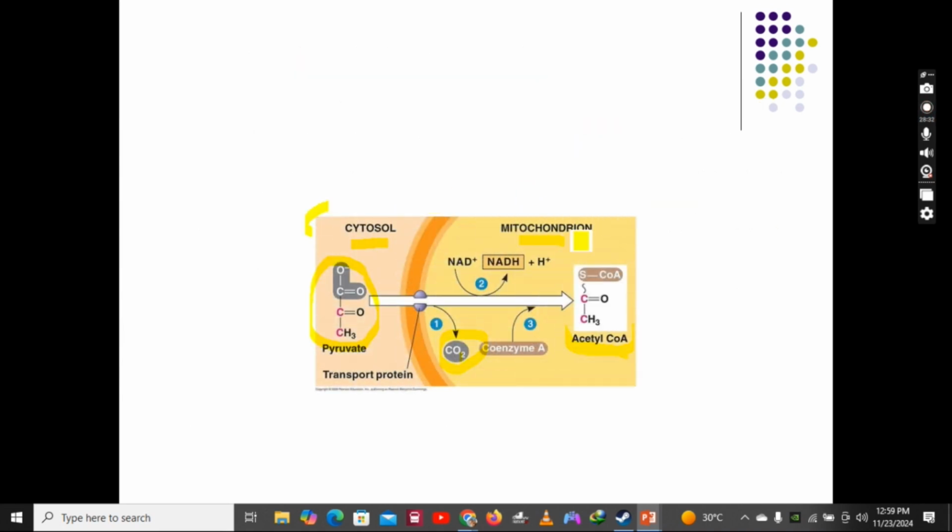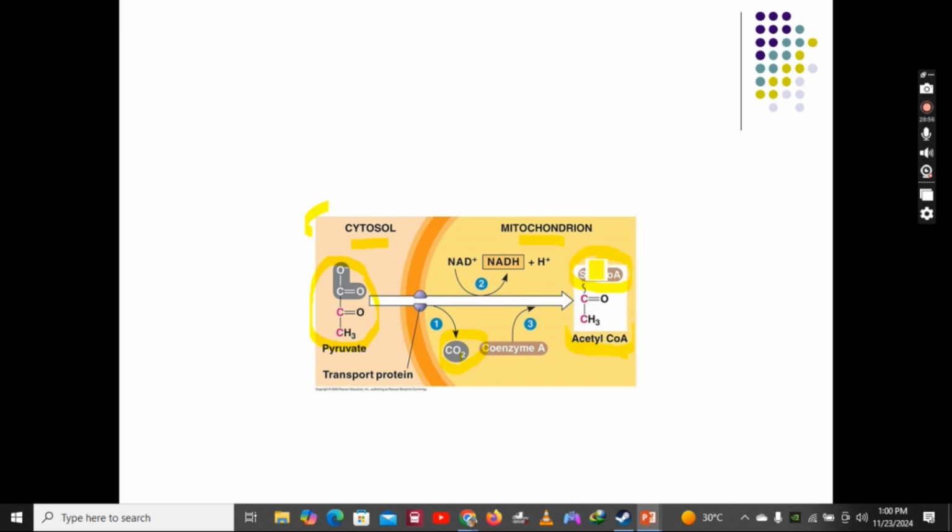Let's go back to the structure. When you look at the acetyl-CoA, there is this CoA molecule. That's what is making the acetyl-CoA. This CoA comes from the CoA enzyme. It combines with the 2 carbon atoms that came from the pyruvate and forms the acetyl-CoA.